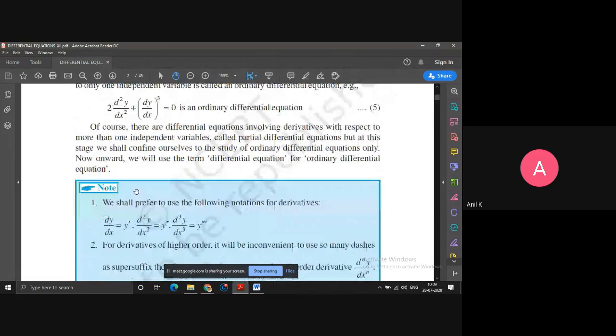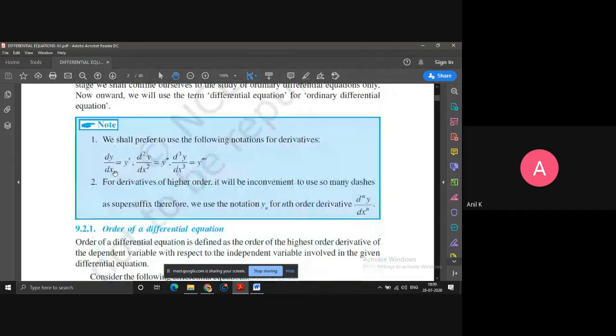Here you have the notation: dy by dx, we can write as y dash, or sometimes as y1, the first derivative. Then d square y by dx square, we can write as y double dash, or as y2. They are not mentioned here, but still we can use them; some books use y1, y2 for differentiation.